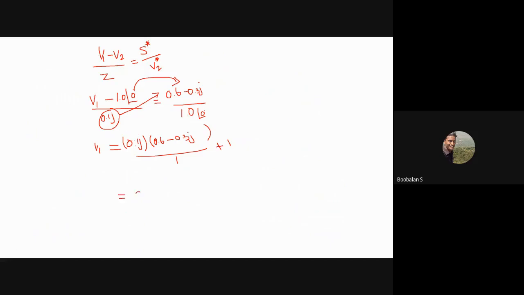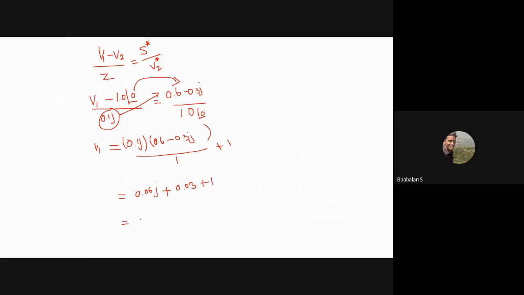0.1 into 0.6 is 0.06 J, and 0.1 into 0.3 is 0.03 J into J squared. J squared is minus 1, so we get plus 0.03, and one more plus 1.